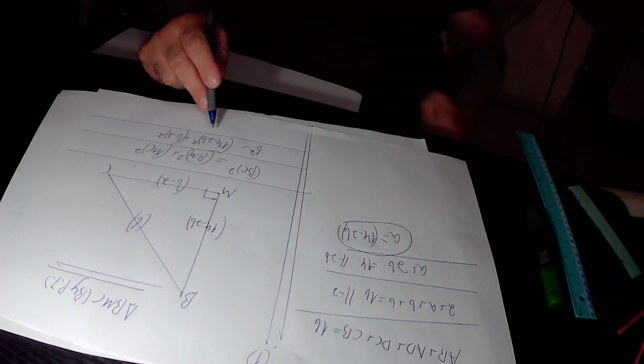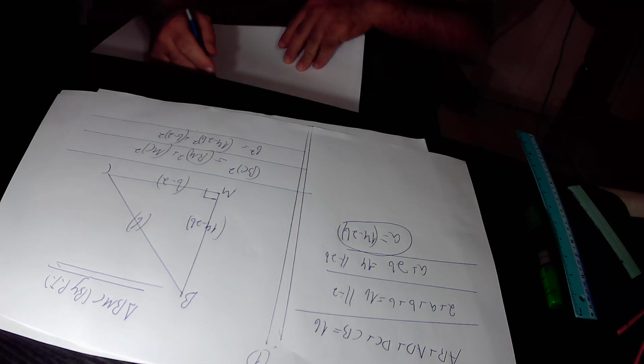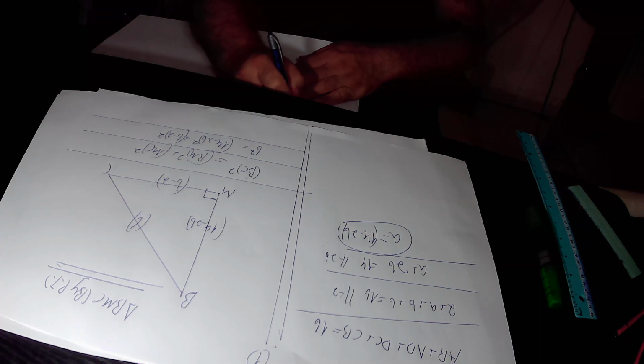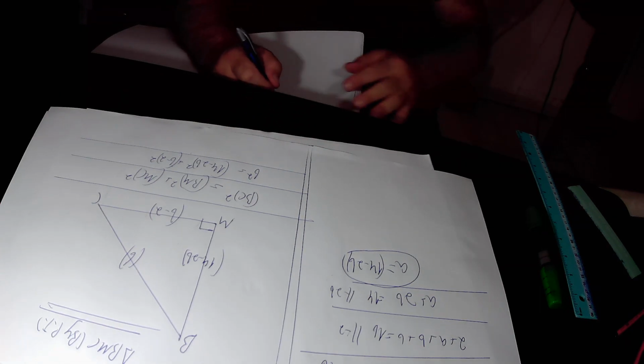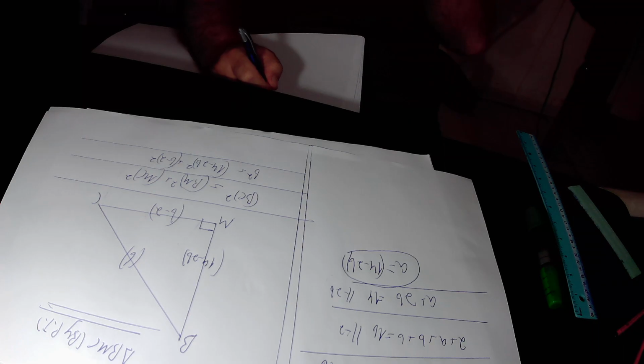So here we open the brackets on this side of the equation and we get that B squared equals (14 minus 2B) squared. (14 minus 2B) squared equals 14 squared, that is 196, plus 2B squared. 2B squared is 4B squared.